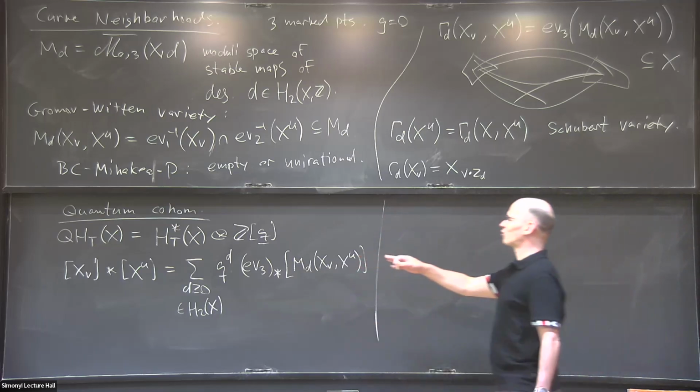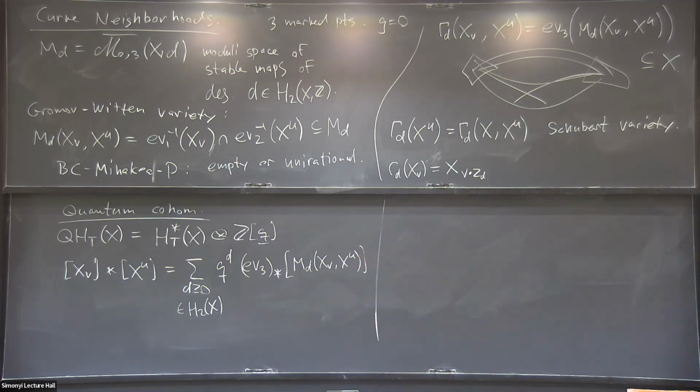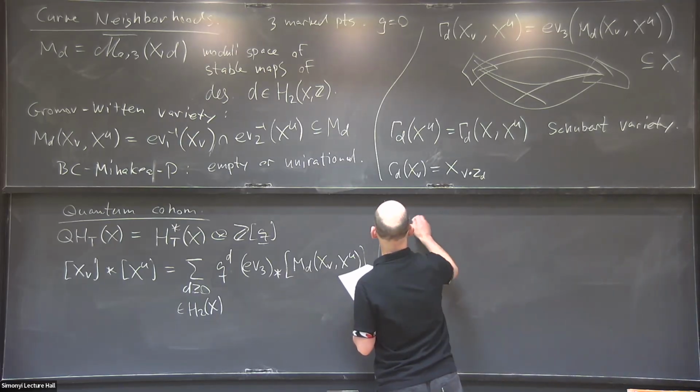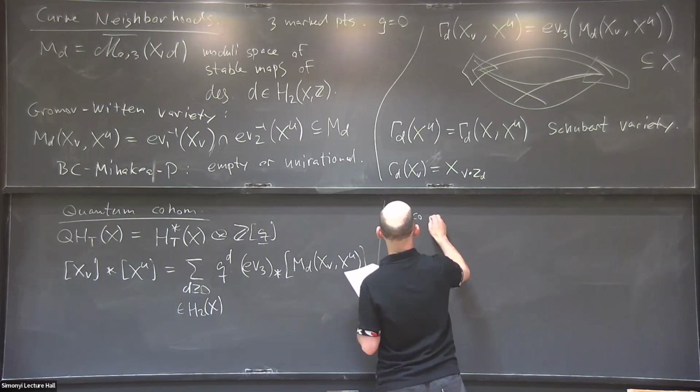Some quantum products turn out to be very simple. And those are products with elements from what we call W upper cominuscule.